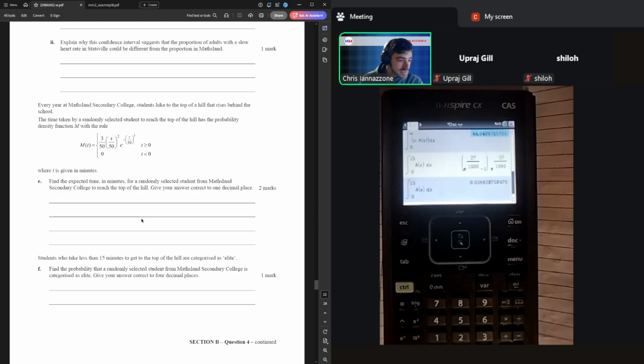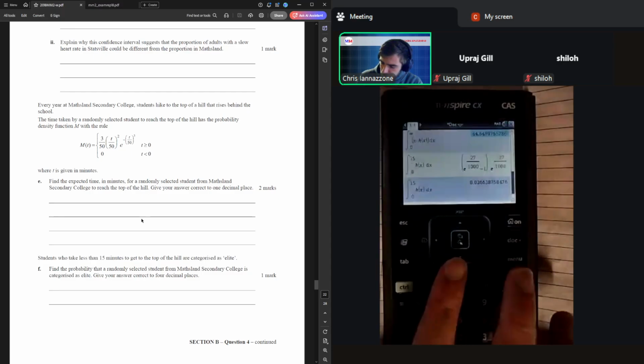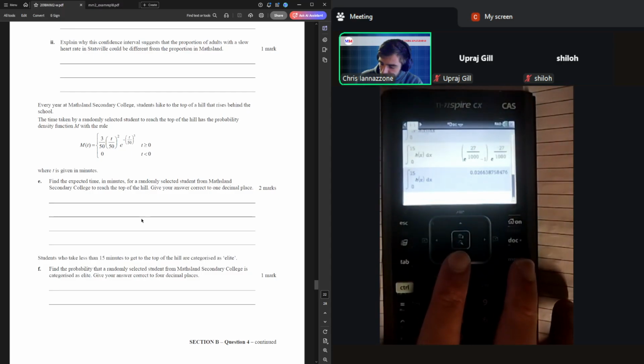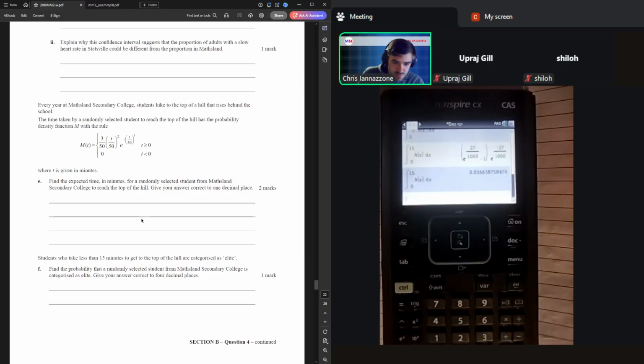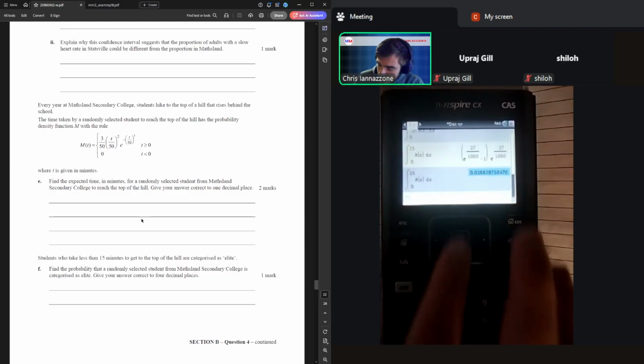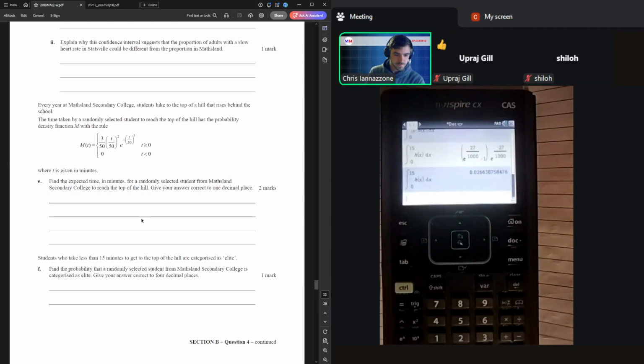For instance, if it was less than 15 minutes given less than the mean, then you might change the denominator. But in this case, it's a fairly standalone question: what's the probability of being less than 15 minutes? It'll just be the integral from 0 to 15.